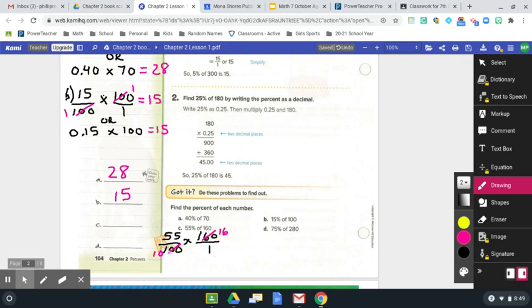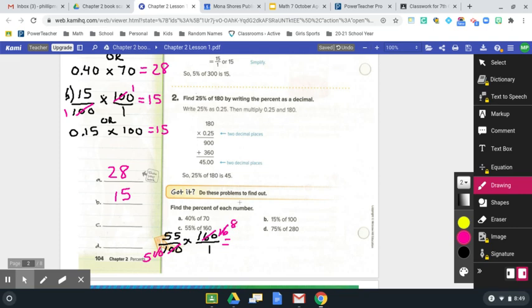Now, if I keep looking at that, those are evens. I can actually still reduce that a little bit further. If I do half of 10, I get 5. If I do half of 16, I get 8. So now I'm good. I can't reduce it anymore. So if I think about what I have, 55 times 8, so I'm going to multiply that out.